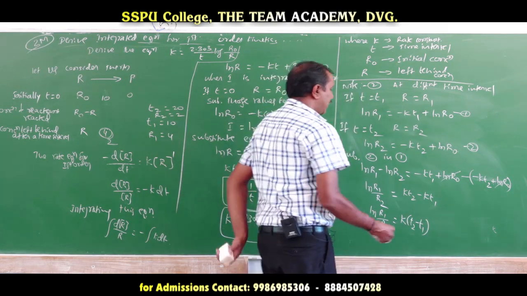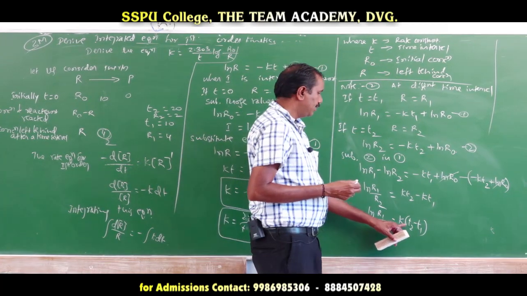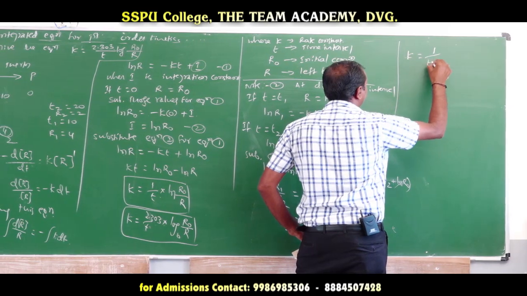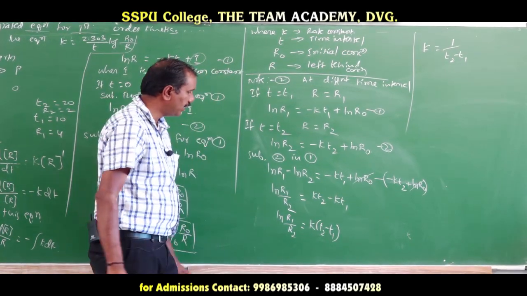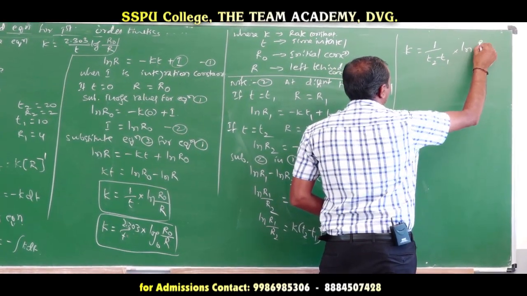So, K equals 1 by T2 minus T1, into ln of R1 by R2.